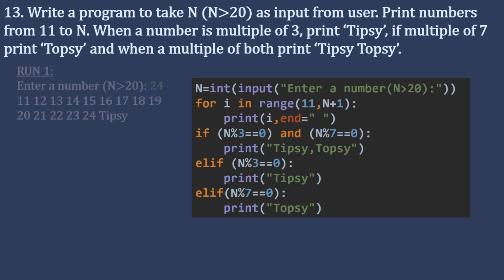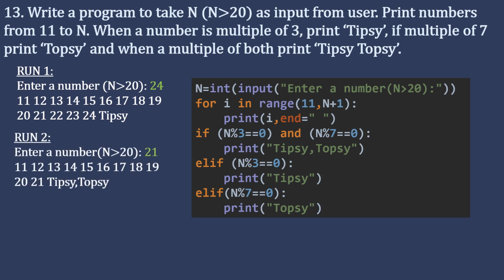So like this, you can just write the program, and once you run it, let's say the first number entered is 24. Then it will print all the numbers starting from 11 till 24. So 11, 12, 13, 14, like this. And finally it is printing tipsy. Why? Because 24 is divisible by only 3.